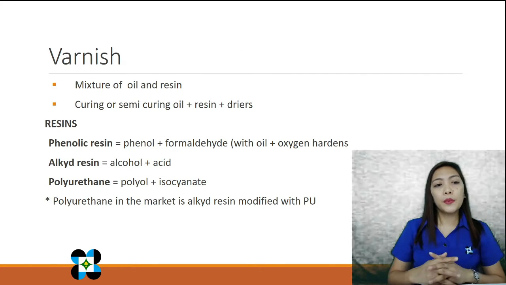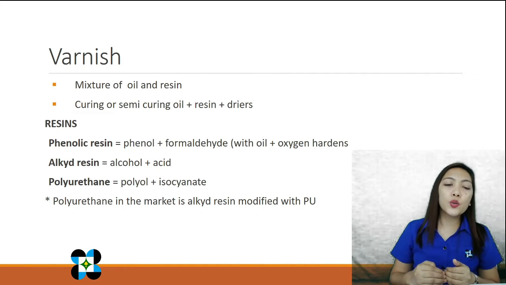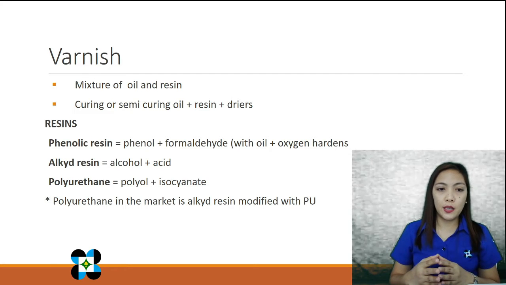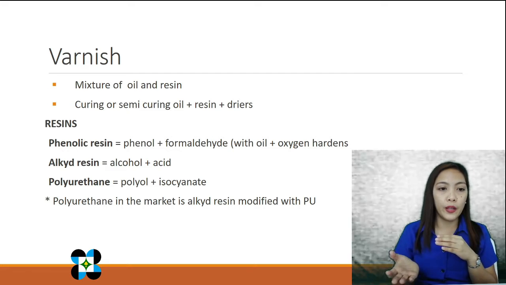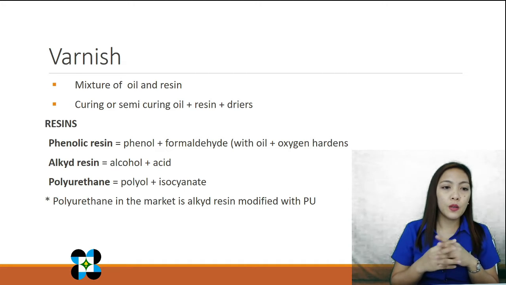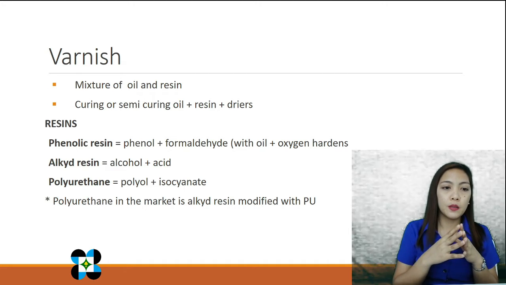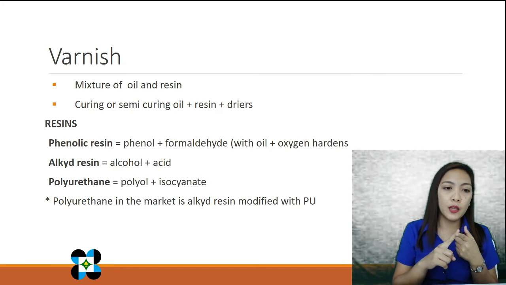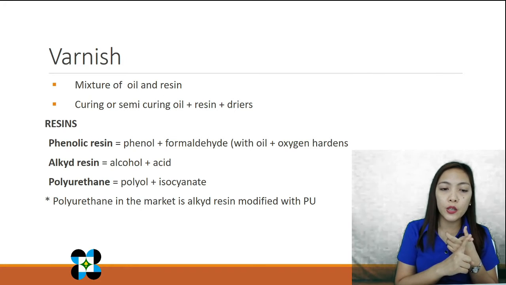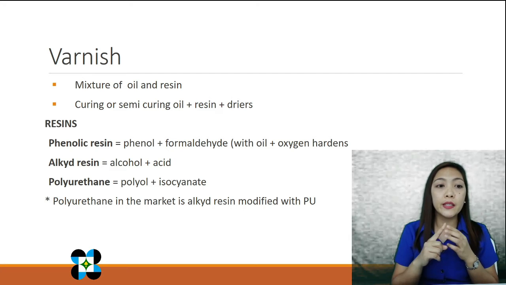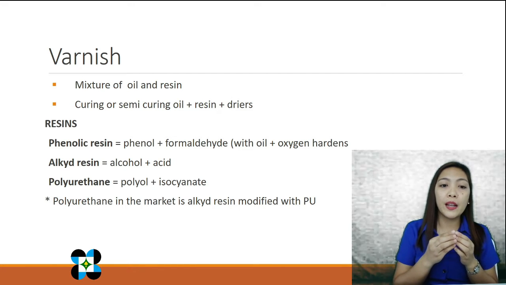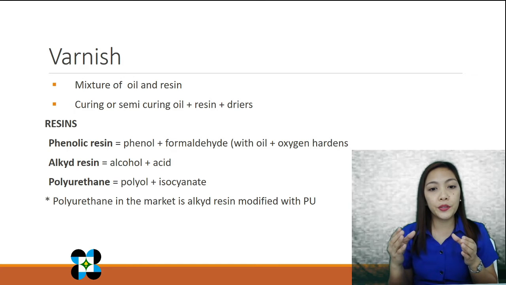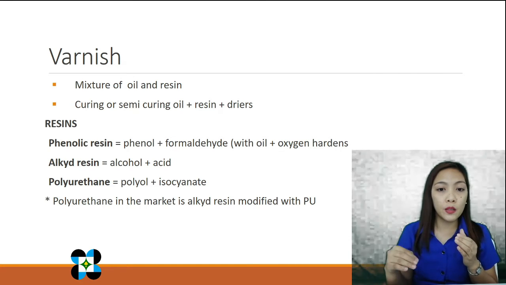Yung second type naman, yung varnish, is actually a mixture ng oil and resin. No? Isang component na ibig sabihin, meron siyang oil, resin, and of course, the solvent. So, yung mixture niya is, number one, as I've said, since may oil siya, it could be a curing or semi-curing oil plus the resin and dryer. Dahil nga sa oil, mapapatagal niya yung drying time, we need yung kumbaga additives, which is dryer.